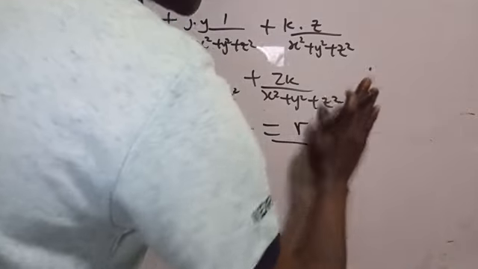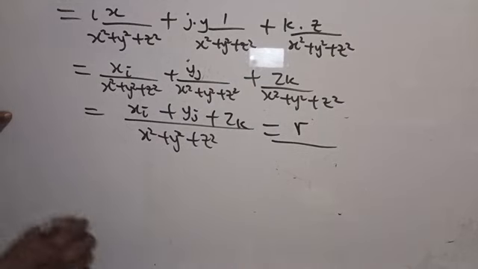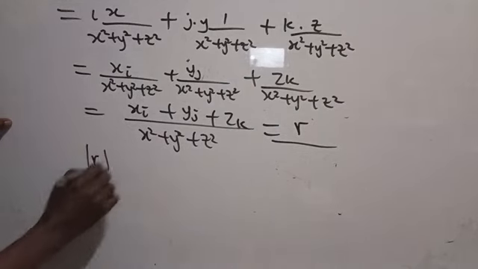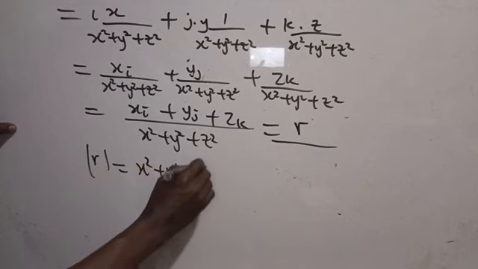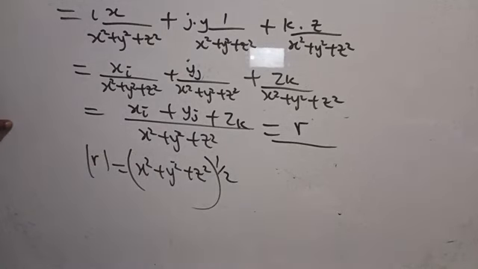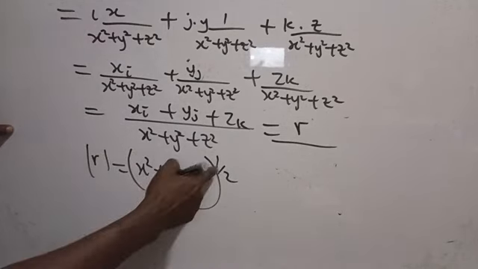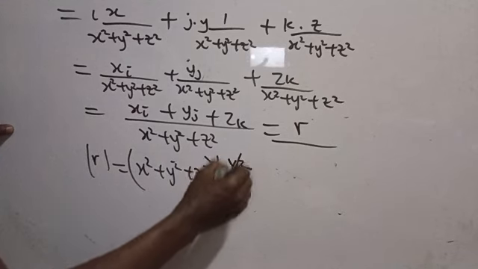Let me write what I'm saying here clearly. We said the modulus of r is x squared plus y squared plus z squared, we obtained that before, raised to half. Recall that. Now, because this is an exponent, if you multiply it by 2, it will cancel the half.